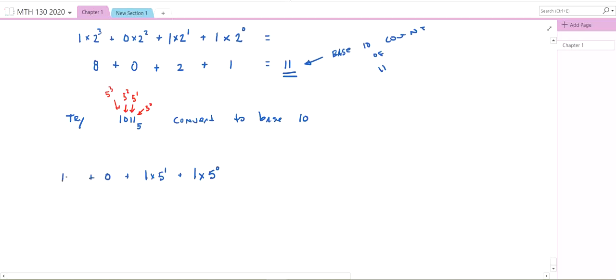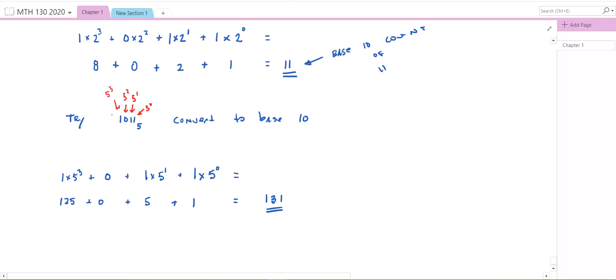And 1 times 5 cubed. So 1 times 5 cubed, if you do that math, you're going to come out with 125 plus 0 plus 1 times 5 is 5 plus 1 times 1, 5 to the 0 equals 1. 1 times 1 is 1. So this is going to be equal to 131.